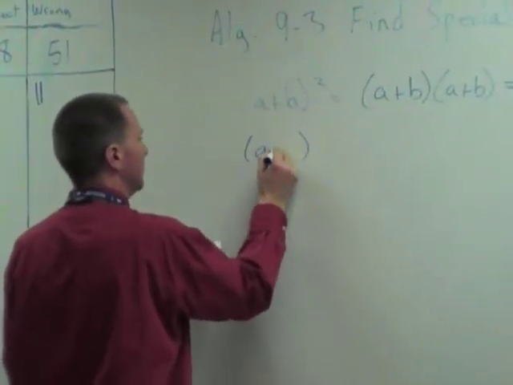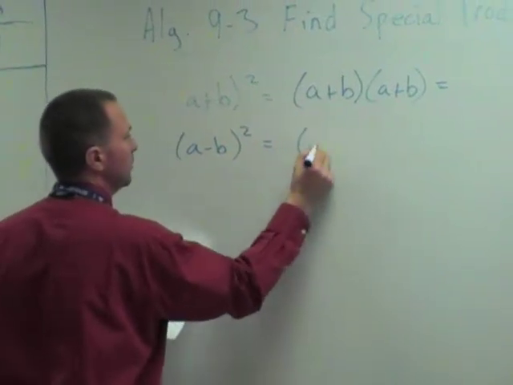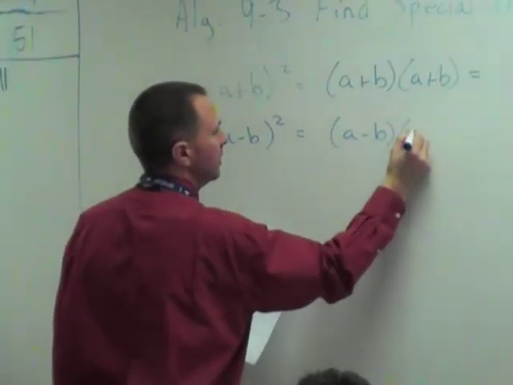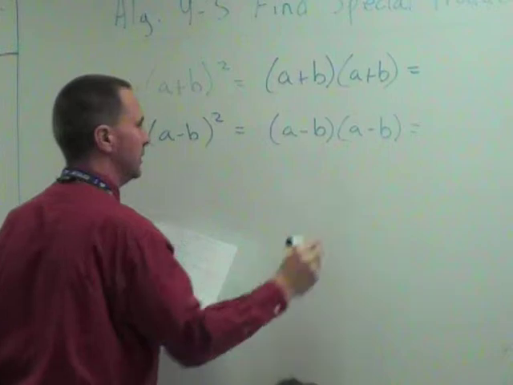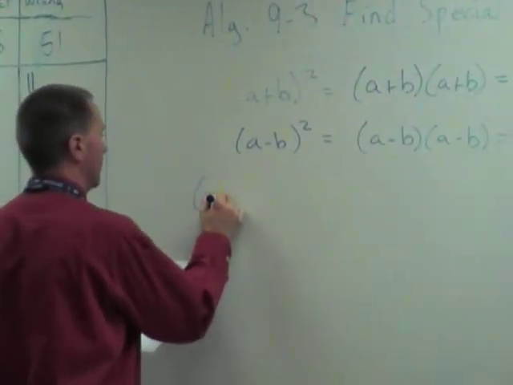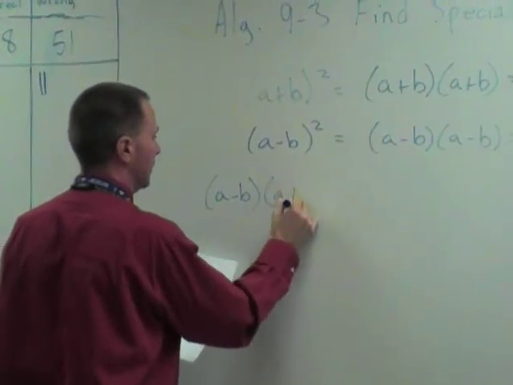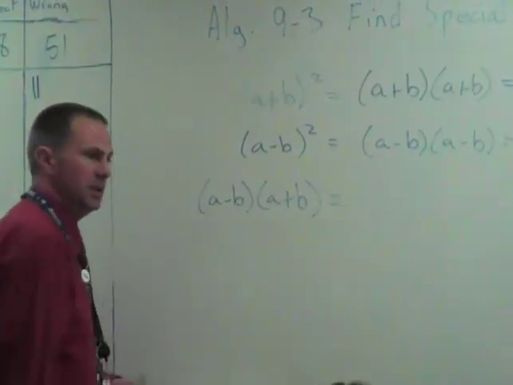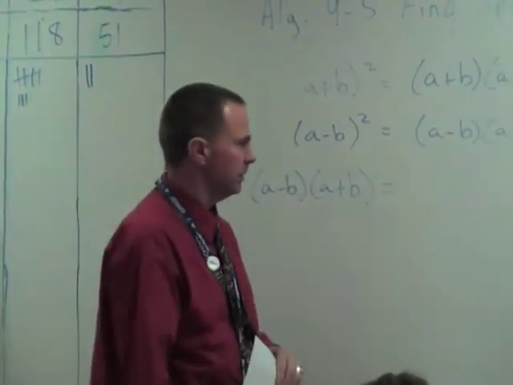And then do this one. B quantity squared, which is a minus b times a minus b. Everybody do that one. And then do a minus b times a plus b.